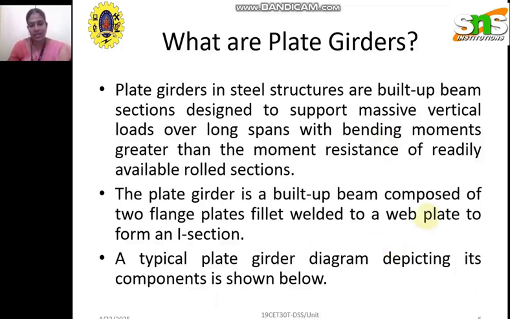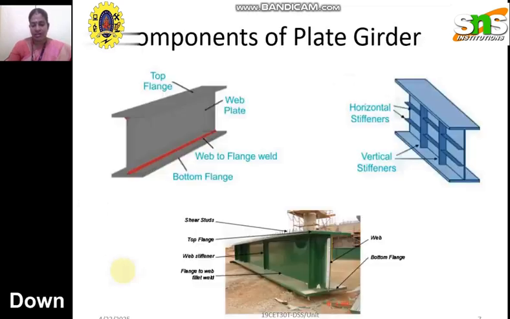It is composed of two flanges, a top flange and a bottom flange, welded, mostly by welding, to the web plate. These are the components: this is the actual plate girder, this is the top flange, this is the bottom flange, and this is the web plate.